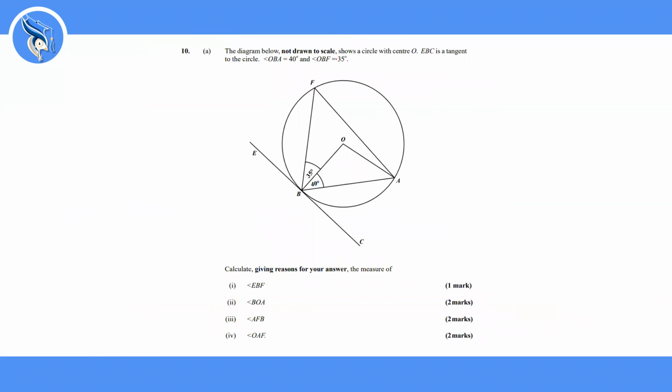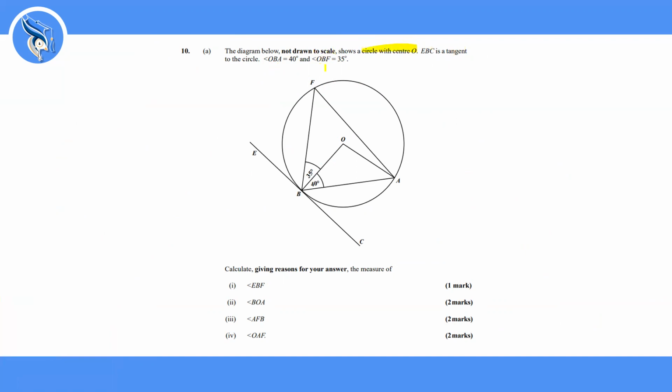So the diagram below, not drawn to scale, shows a circle with center O, and EBC is a tangent to the circle. So again, even when I'm doing my exams, I like to underline with my pencil important details.